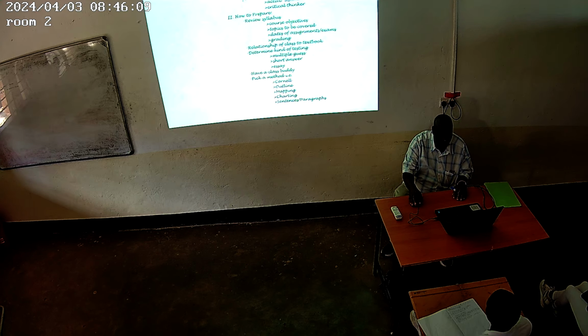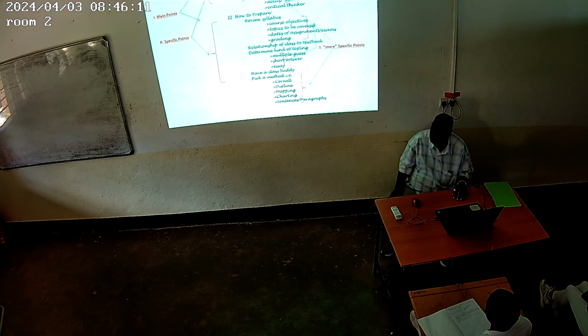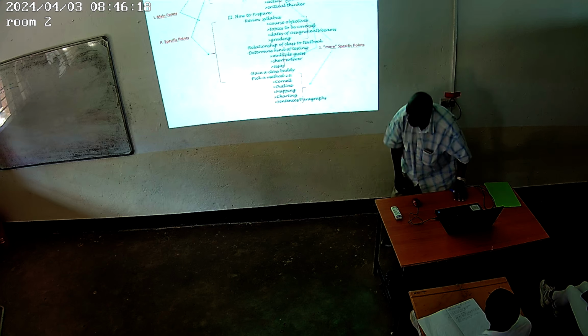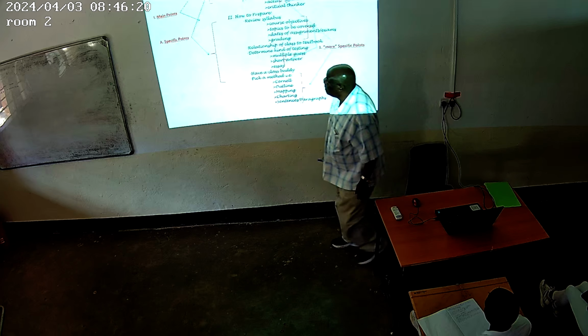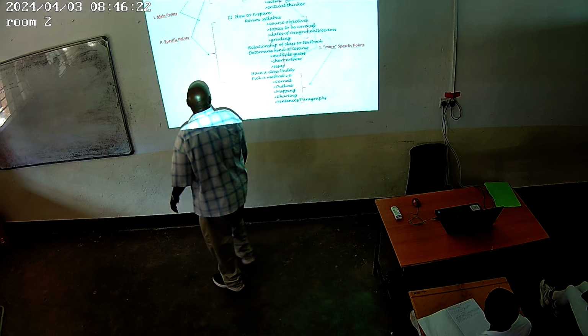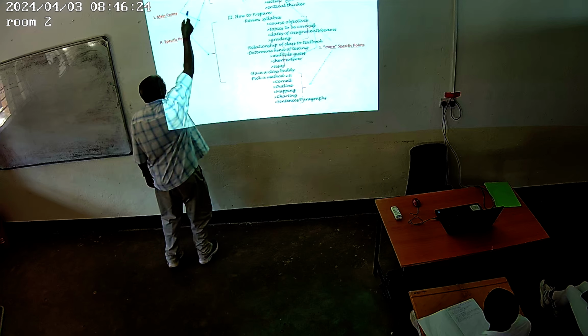Okay, so let us look at this method a bit more using our pointers we did with the other. So these two are the main points.